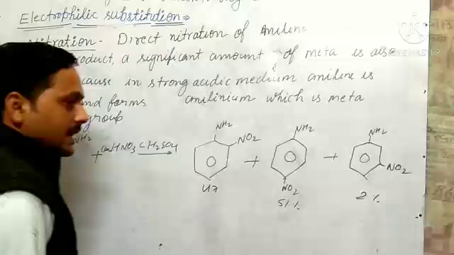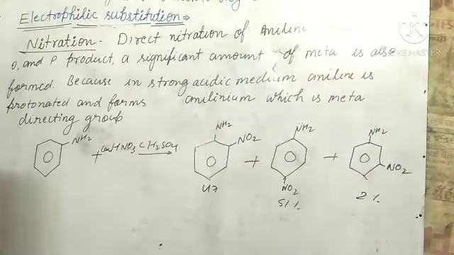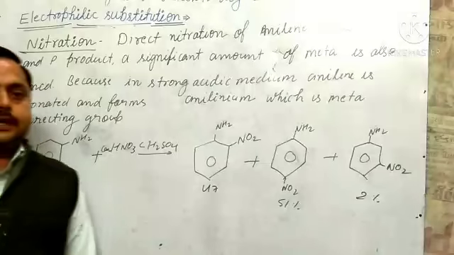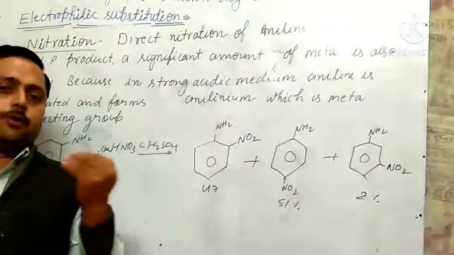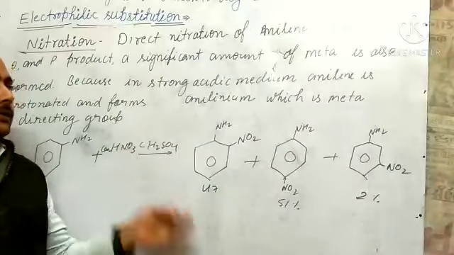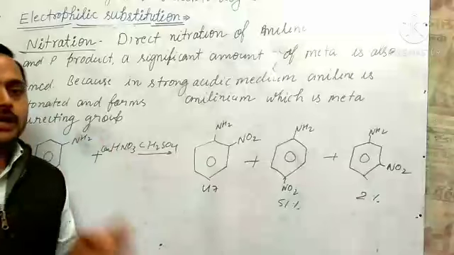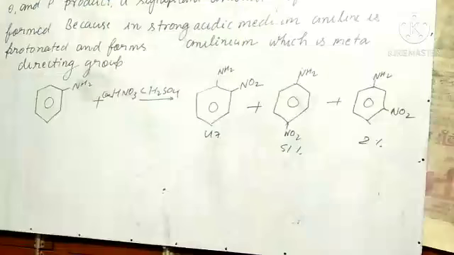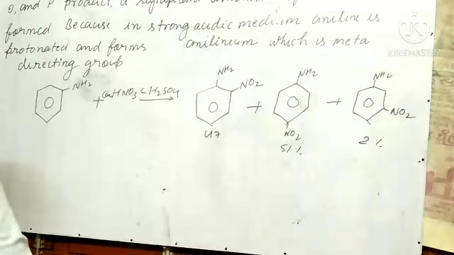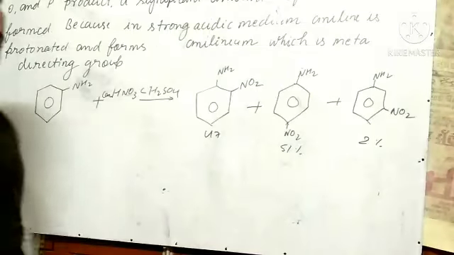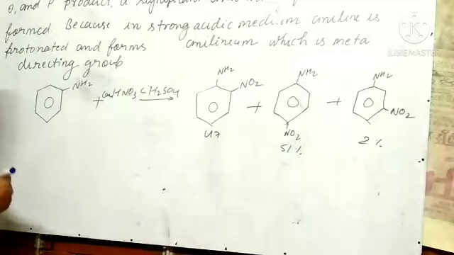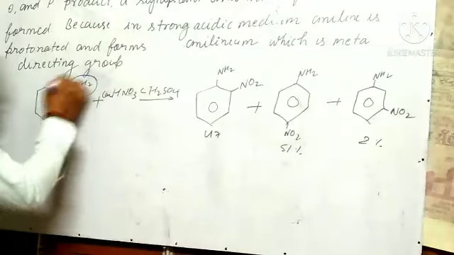So we can say that the nitration of aniline in a strong acidic medium gives meta product also, not only ortho and para. So if we want monosubstituted product, if we want para product, what we have to do there? We have to protect this one by acetylation.